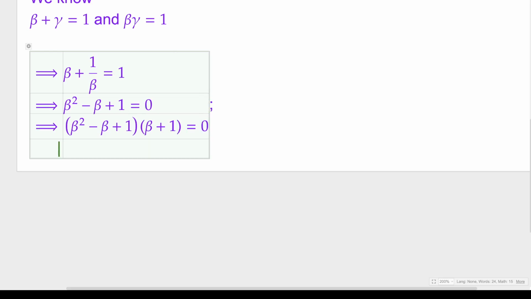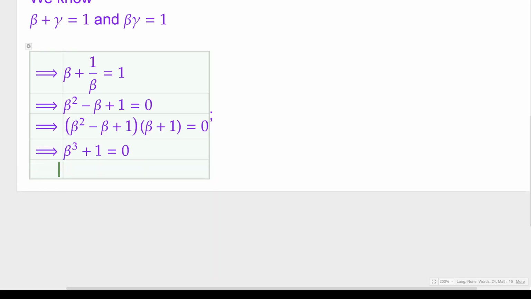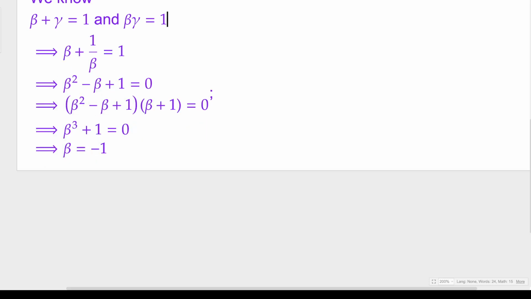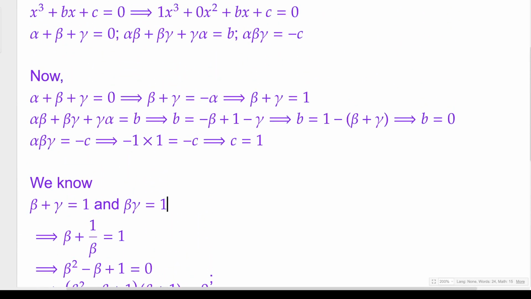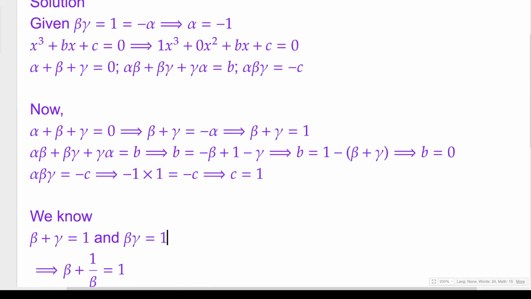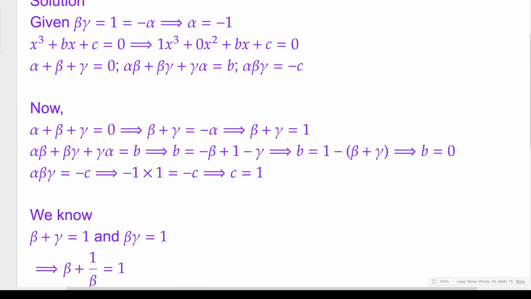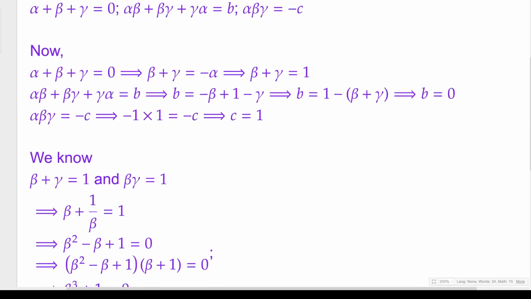So this one can be written as beta cube plus 1 is equal to 0, and from this we can write that beta cube is equal to negative 1, right? And in a similar way I can compute the value for gamma as well.